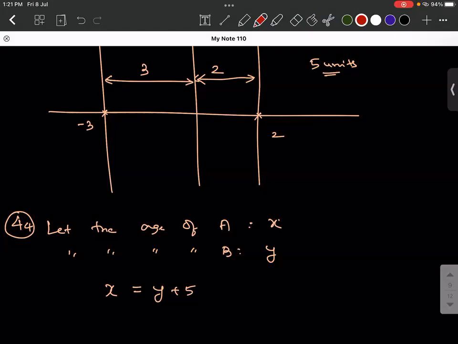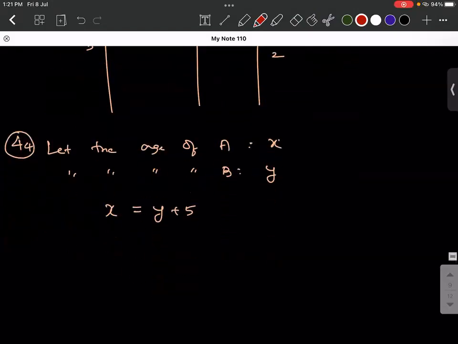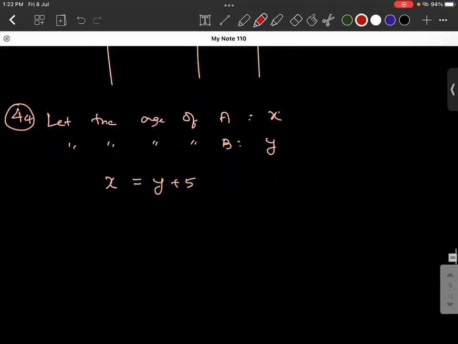You do the next one. B's sister C is half of the age of B. So C is equal to y by 2. So shall we go with A, B, C, D itself?